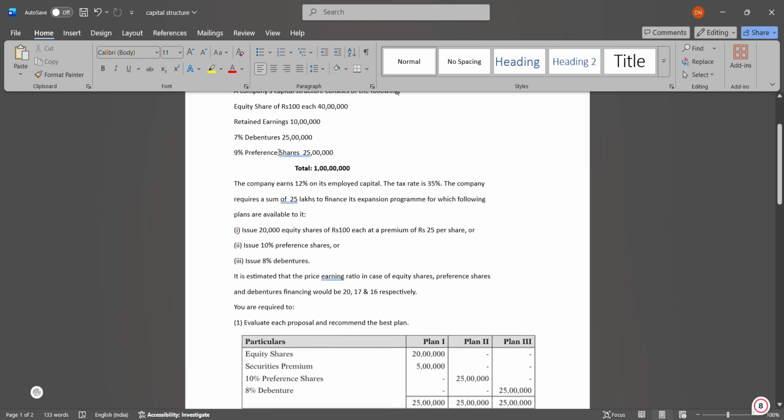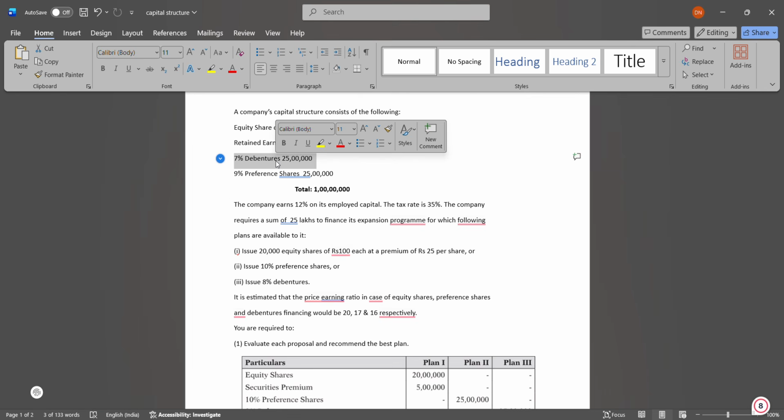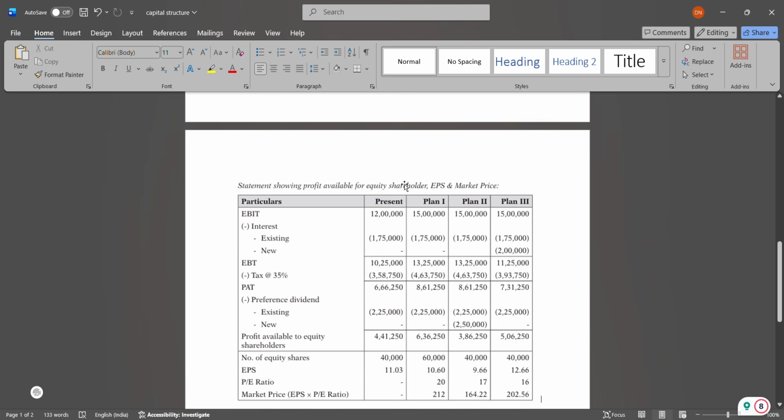The existing interest rate was 7% of 25 lakhs. So what does 7% of 25 lakhs come to? That is 1 lakh 75,000 in all the plans.